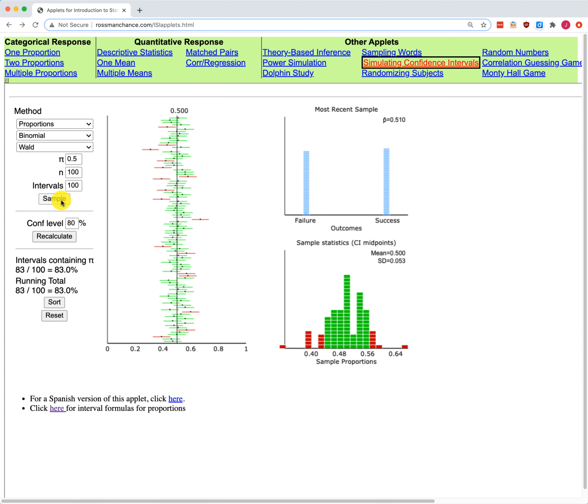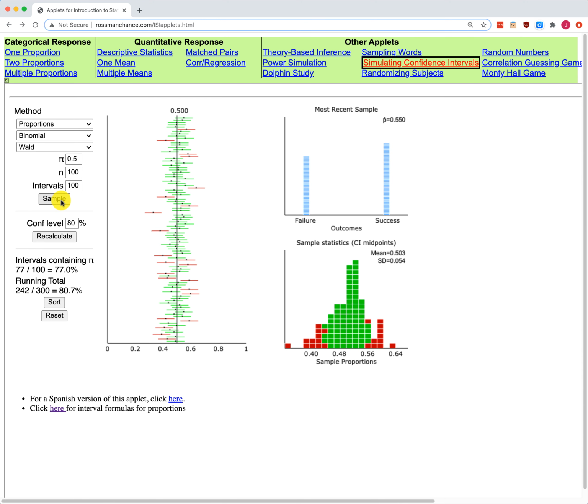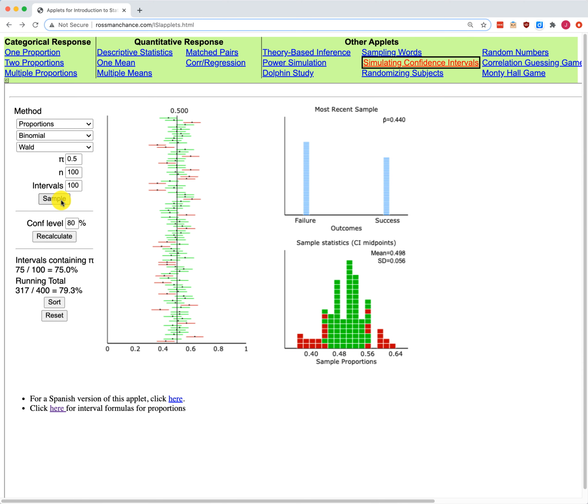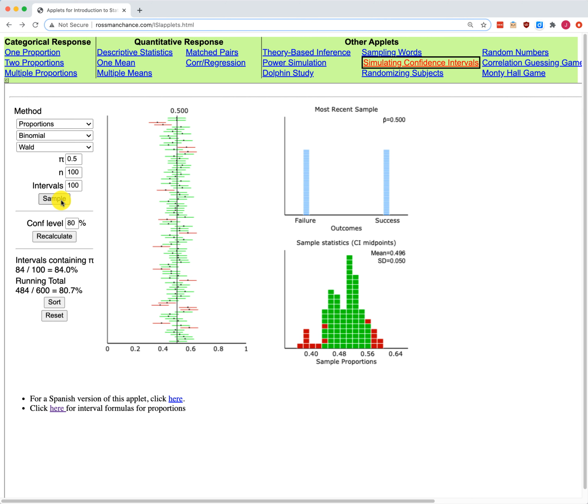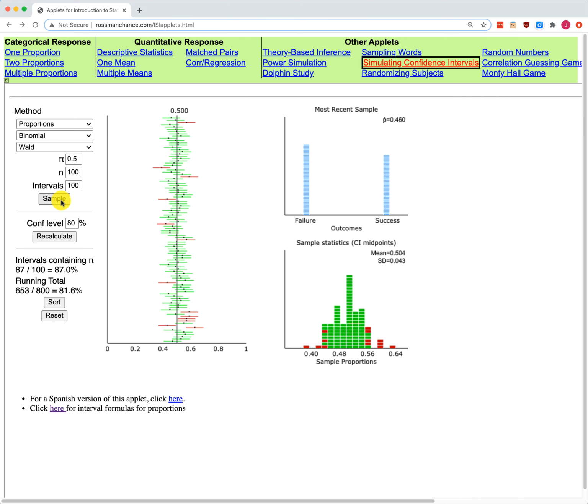Let's click sample again so we have a larger running total. As you click sample over and over again, look what happens to these calculations down here. Here's individually on the last 100 confidence intervals, this is the proportion that contained 0.5, the center.